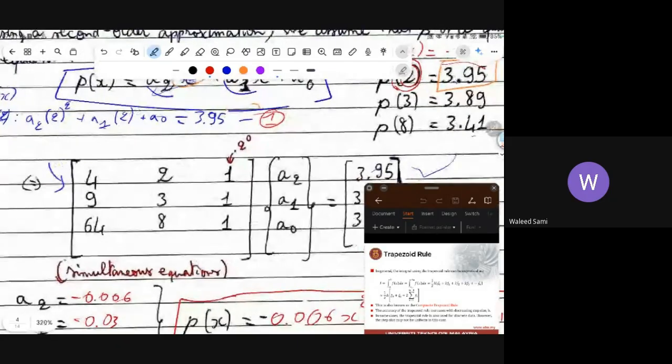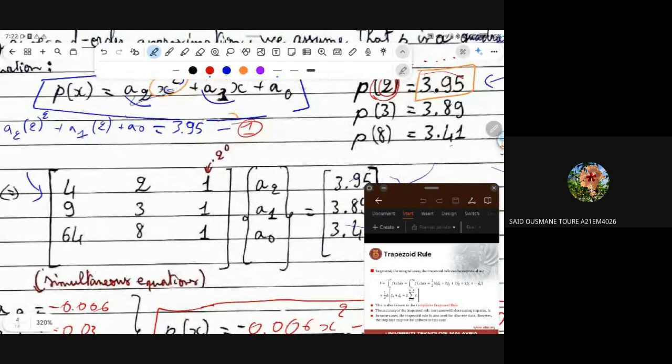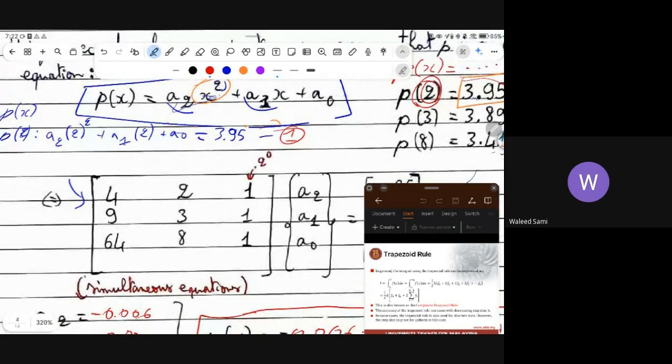It's gonna be P of x equal to A2 x squared plus A1 x plus A0, right? Yes, but you replace x by the first value. Okay. So how do you convert this first equation into a matrix? This will represent the first line.